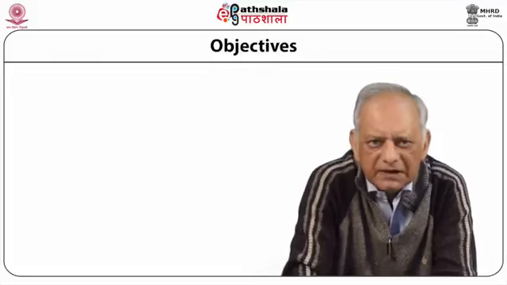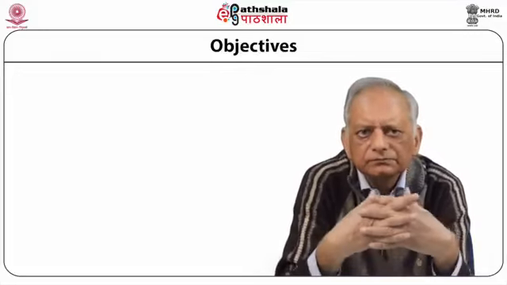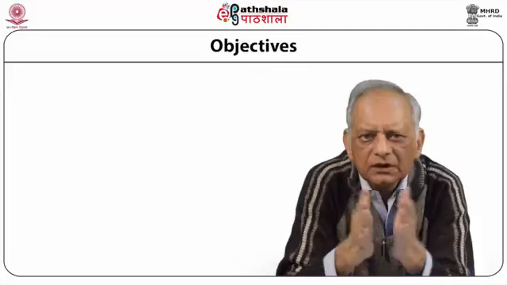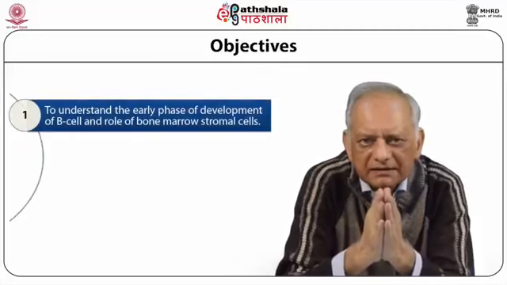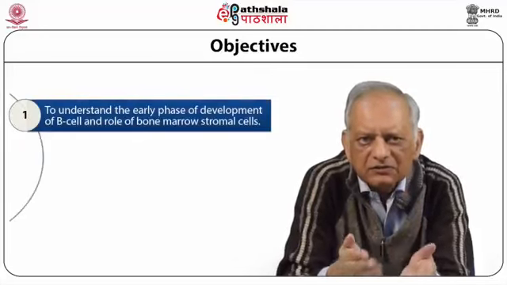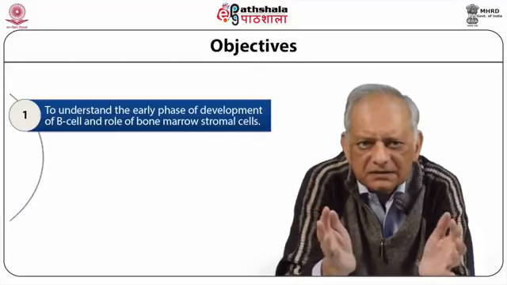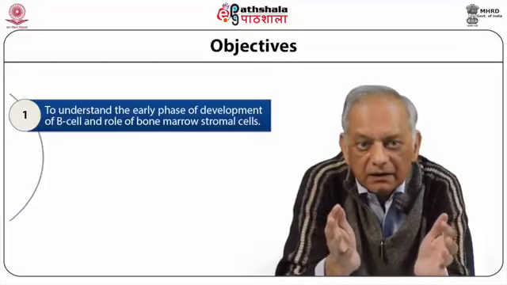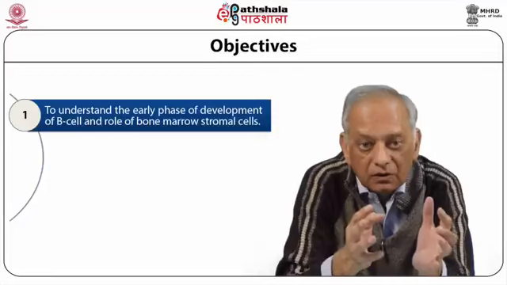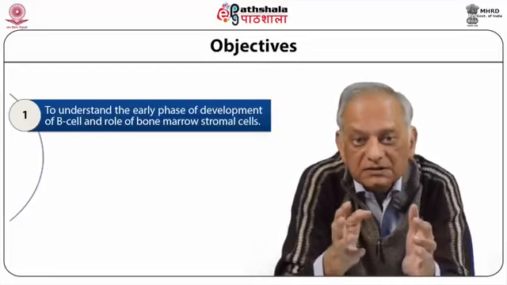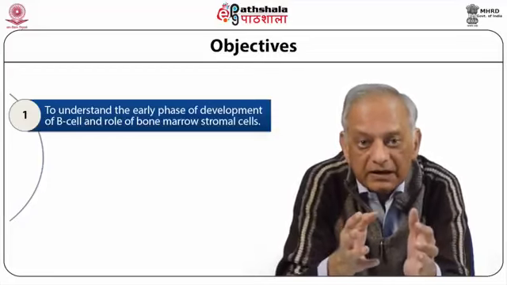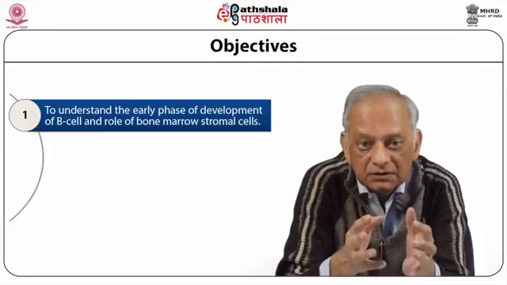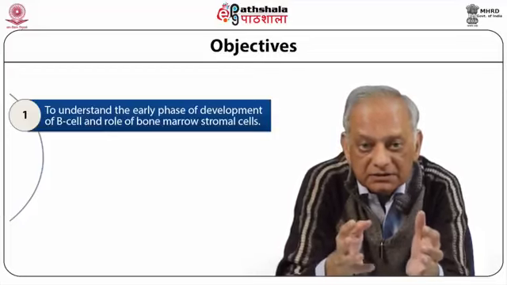So the objectives of this module can be said to be to understand the early phase of the development of the B cells and the role of bone marrow stromal cells, which play a very crucial role at this stage.